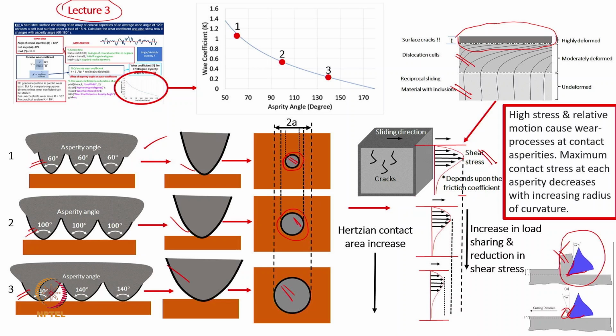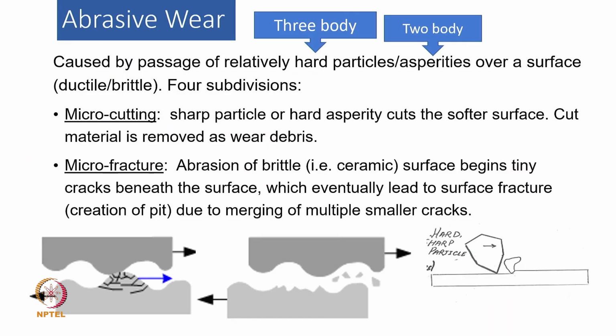The same mechanism happens in the fatigue case. When the asperity has a sharp angle, naturally it will behave in a slightly different manner, and contact area will be much less compared to the blunt one, and then coefficient of friction will vary according to that.